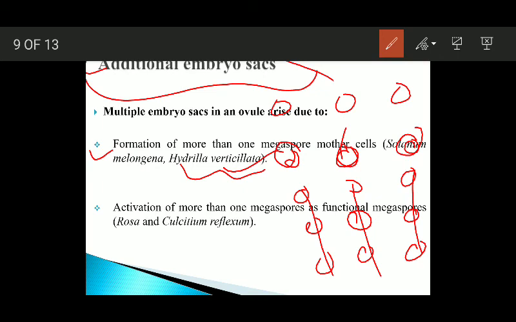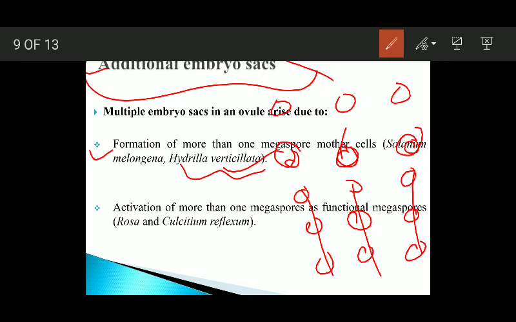So multiple embryo sacs in an ovule can arise due to formation of more than one megaspore mother cell. When you have more than one megaspore mother cell, obviously you are going to have more than one megaspore, and each megaspore can give rise to a separate embryo sac.